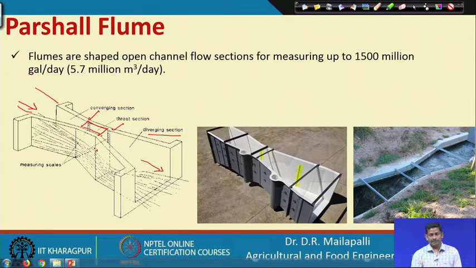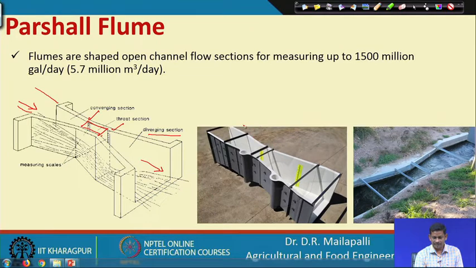So it consists of three parts: the converging section, throat section, and diverging section. The throat section has the scale. This is the dismantled view.